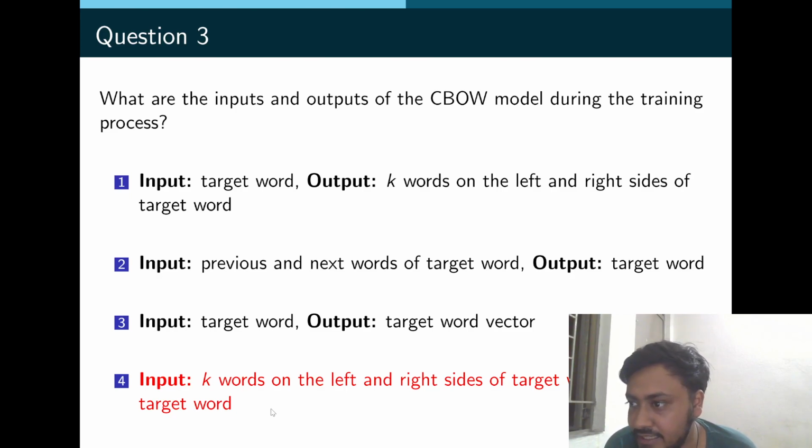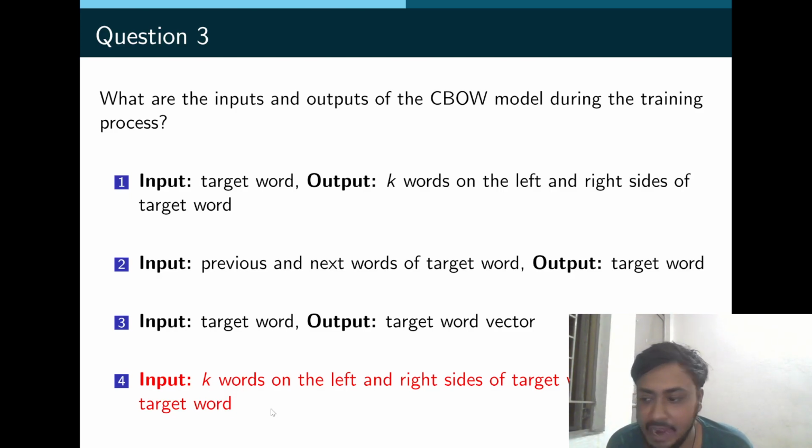So the model will see some parts of the sentence, and it has to predict the rest of the part. Both CBOW and skipgram work with this philosophy, but the difference is that for CBOW, the entire context, what I'm calling context is the other words, like k words on the left and k words on the right. So in CBOW, we aim to predict the actual word given its context.